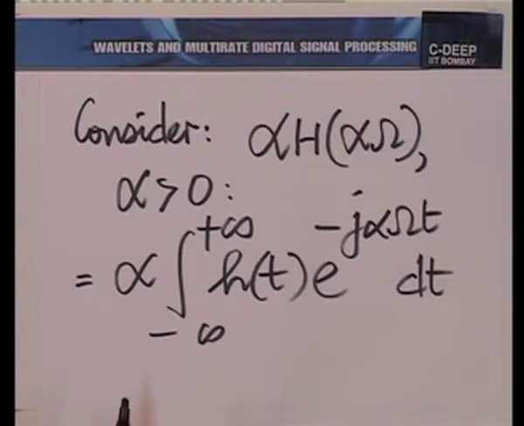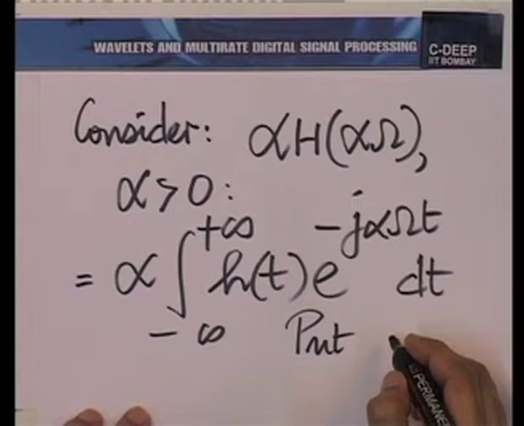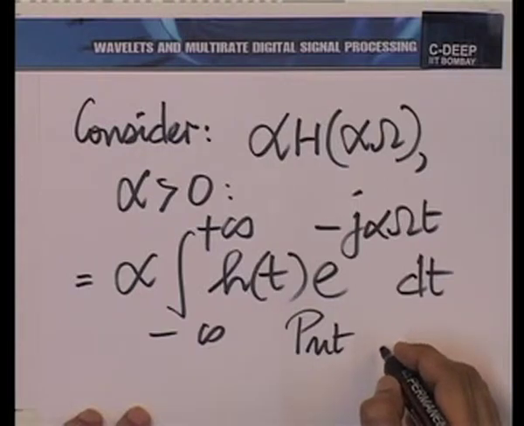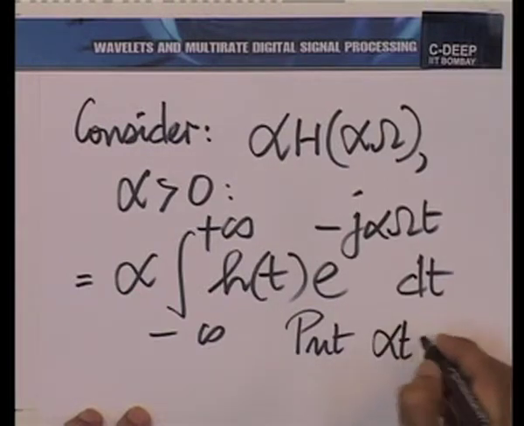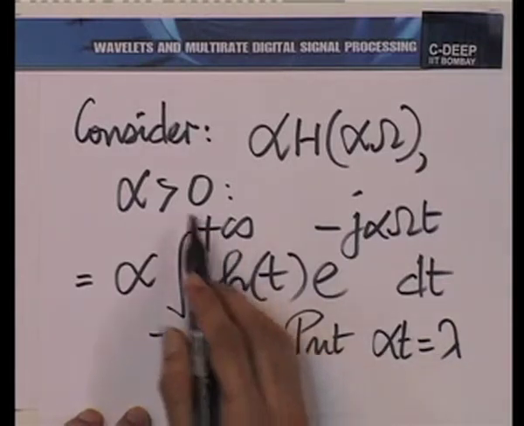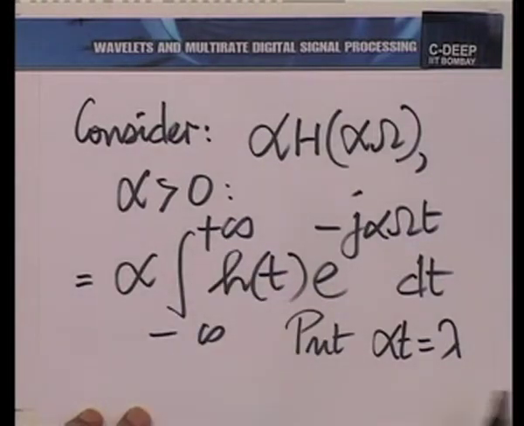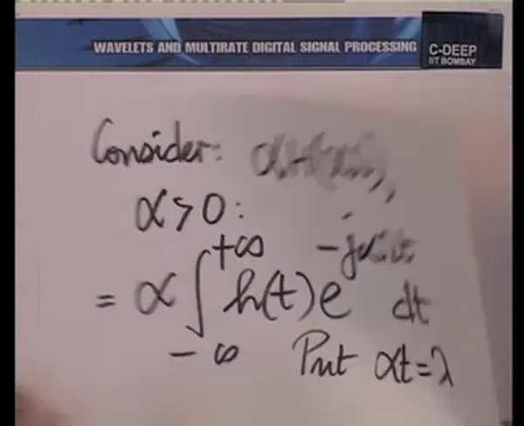And now we have a simple step that we can perform. If we simply put alpha t equal to lambda, then we would get, you see, alpha t equal to lambda, alpha is strictly positive. So, when t runs overall from minus to plus infinity, lambda also runs from minus to plus infinity.